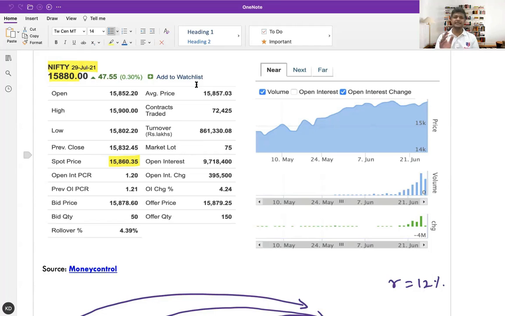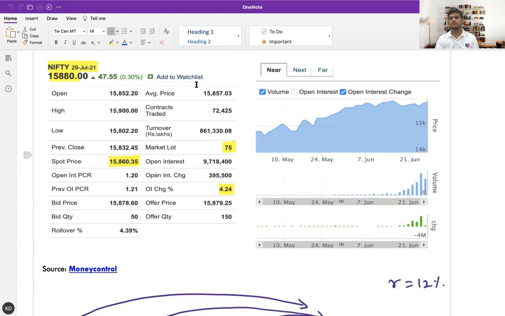Clear? Now there are various things here. What you have to see is the lot size. How much is the lot size? 75, because it's on an exchange, the standard size in futures. So you have to buy not one Nifty. How many Nifty index units do you have to buy? 75. And the open interest percentage change is positive, meaning 4% more contracts are open.